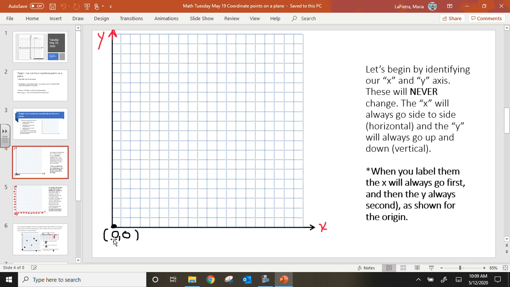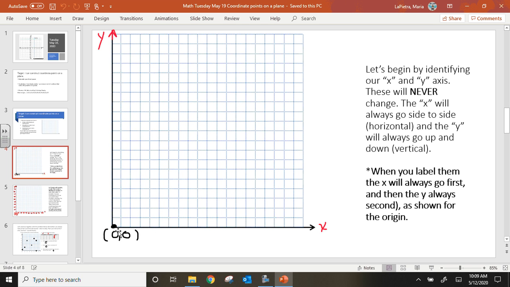So what I also have labeled here is your origin. 0, 0, or just 0. This is your origin, where the vertex meets, where that point is. That's your x. This is your y. If anyone says, give me the x and the y coordinates, you will go along this line first, side to side.